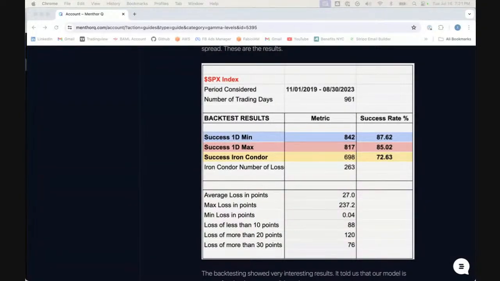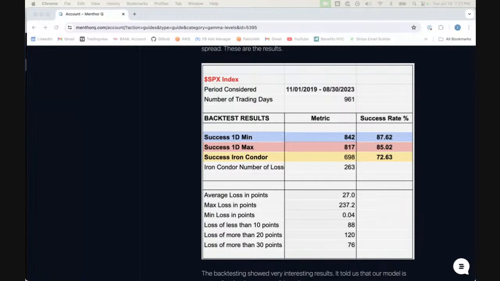For those of you that are familiar with selling iron condors, especially SPX 0DTE, there are a few things to take into consideration. First, this success rate assumes that you're going to hold the short put or short call until the end of the day, and does it pierce that level?